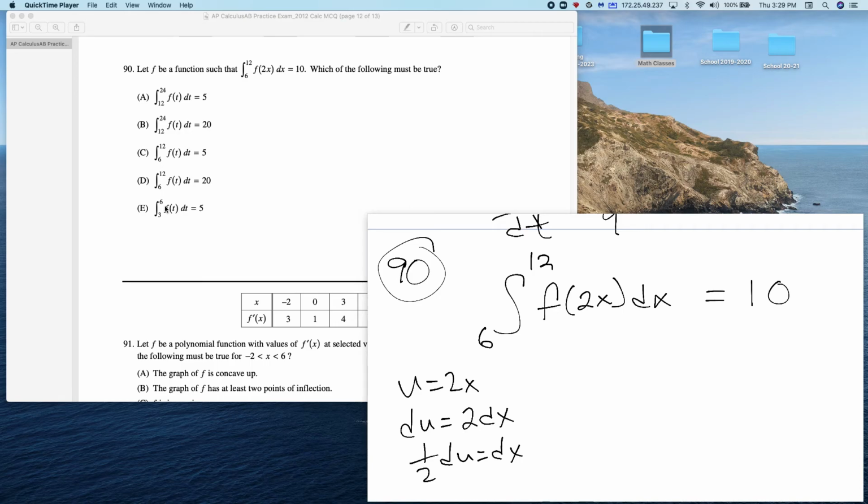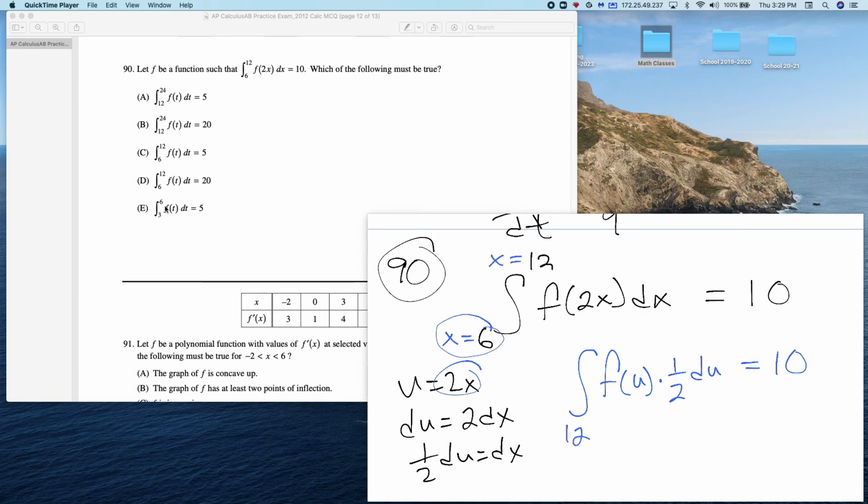The key now is the integral of f of u times 1/2 du is equal to 10, but the bounds are going to change. Remember, this is x equals 6, and with 2x, the bottom bound is 12.